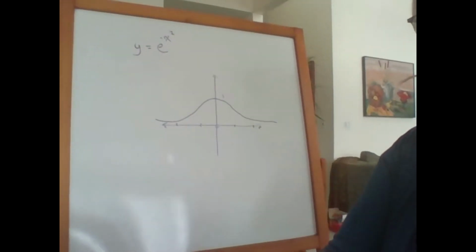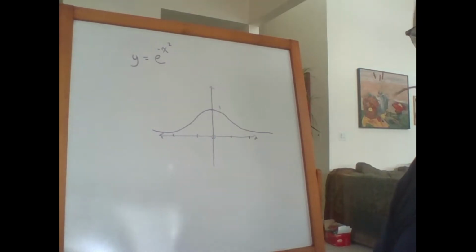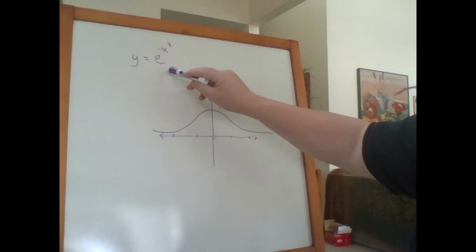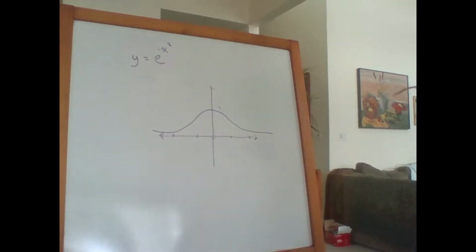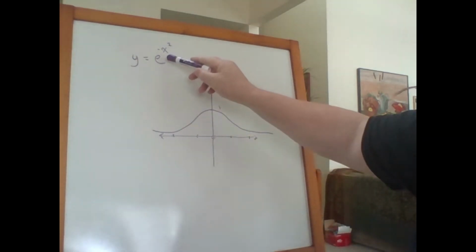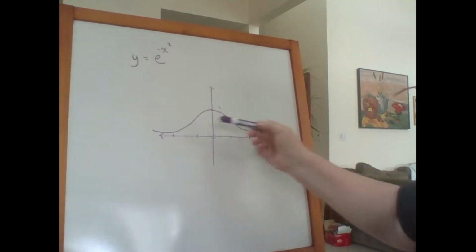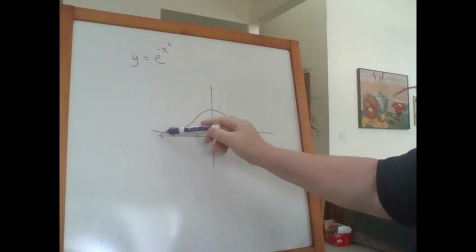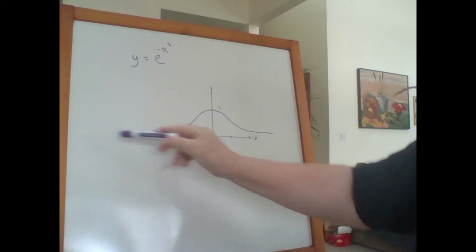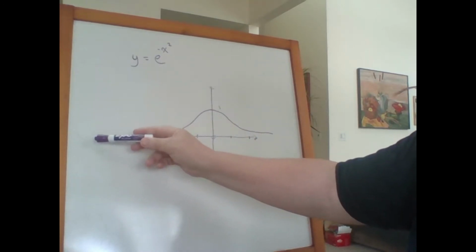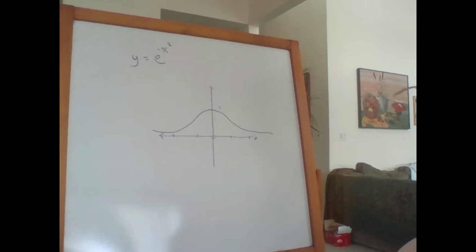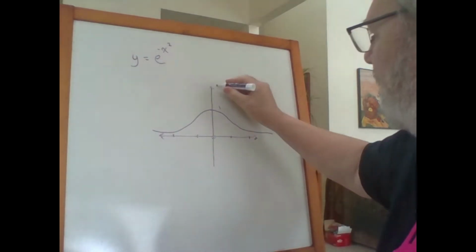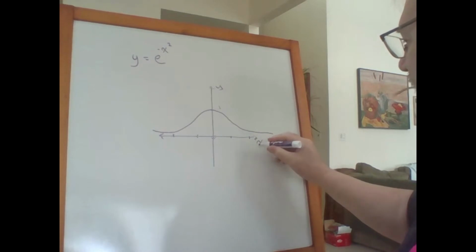Carl Gauss was the first to really delve into the characteristics and the mathematics associated with this particular function, e to the minus x squared. We can see that as x goes towards minus infinity, we approach the x-axis, or y equals 0, asymptotically, with this being the y-axis and this the x-axis.